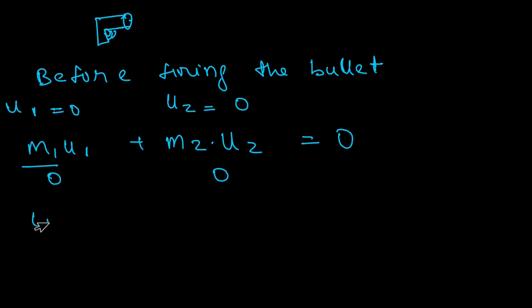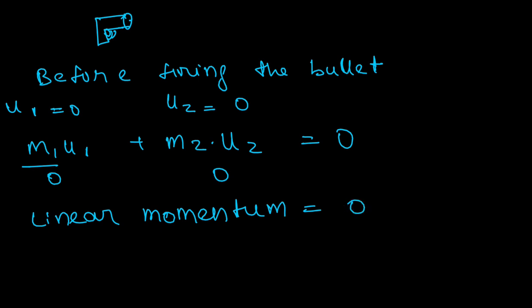So the total linear momentum of this system of gun and bullet before firing the bullet, which is initial linear momentum, is 0, and since no external force is acting, the final linear momentum, that is linear momentum after firing the bullet, will also be 0, since linear momentum is conserved when no external force is acting on the gun.